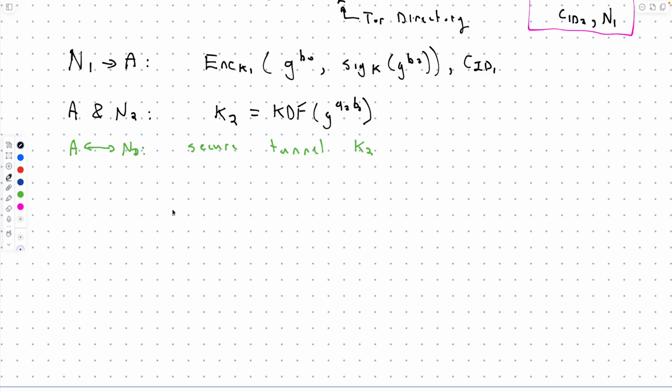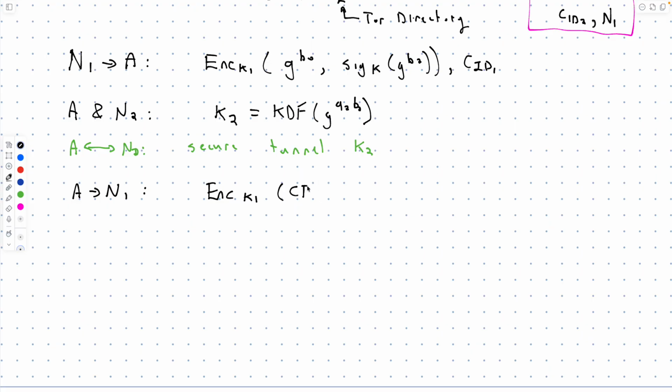Okay, so Alice is going to send something to node 3, but she has to send it via node 1 and via node 2. So she's going to start doing encryptions inside of encryptions. She's going to encrypt the first layer for K1. It's going to have CID1.